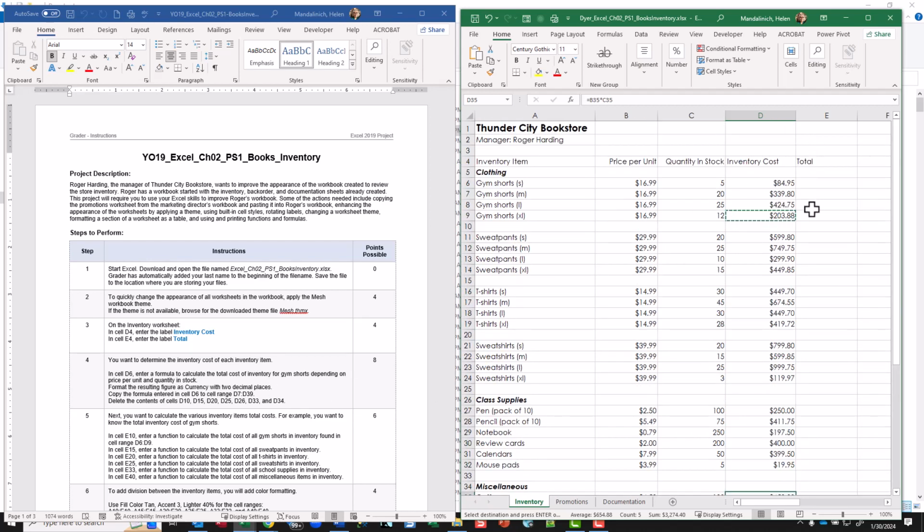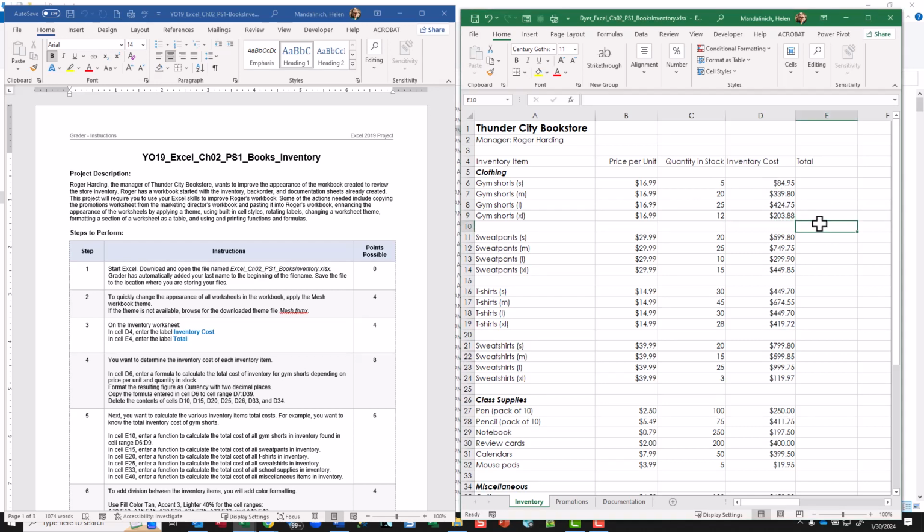So in E10, this is where the total is going to be, and I'll finish this one. So in E10, enter a function to calculate the total cost of all gym shorts in inventory found in the range of D6 through D9. So what we want here is, here's our inventory cost, right?